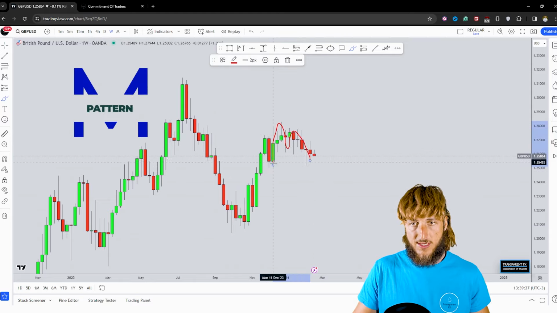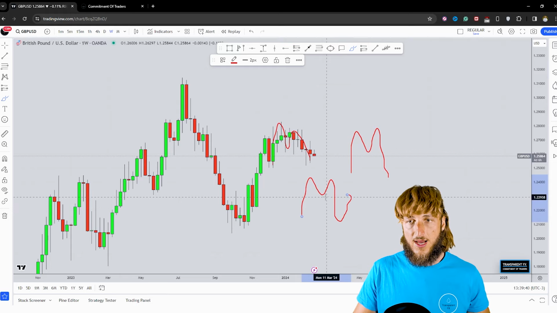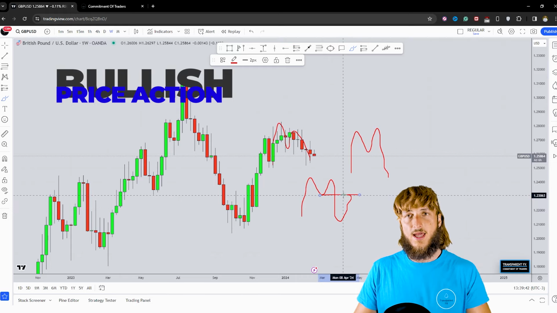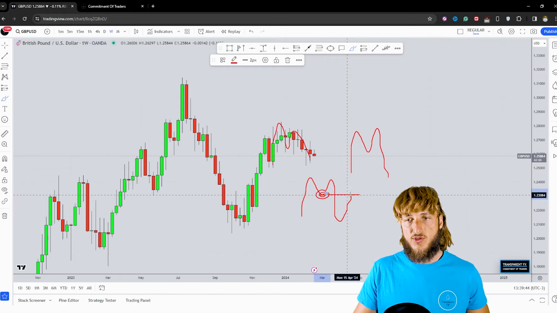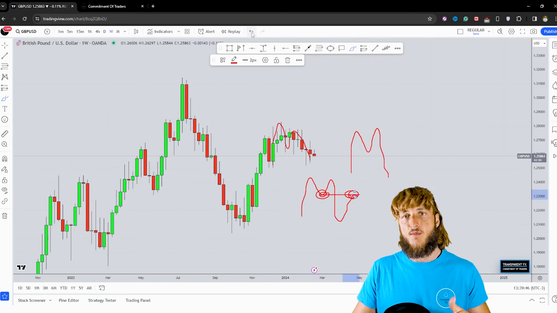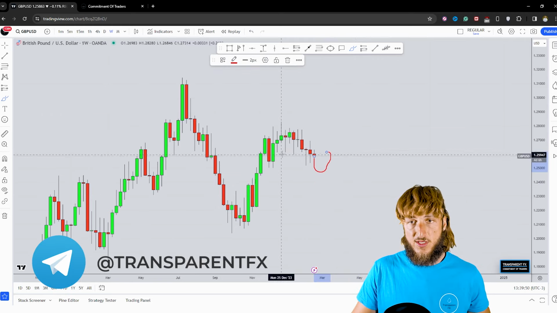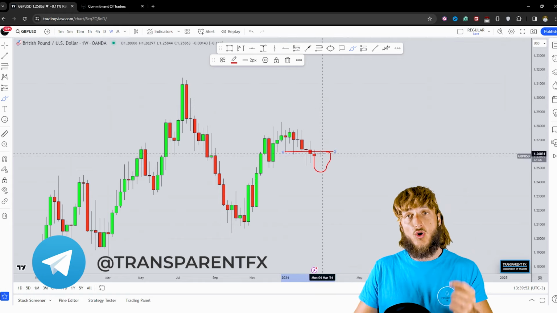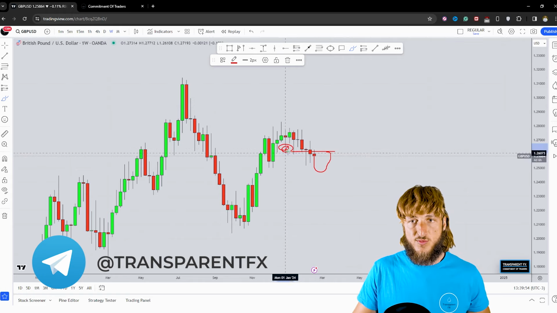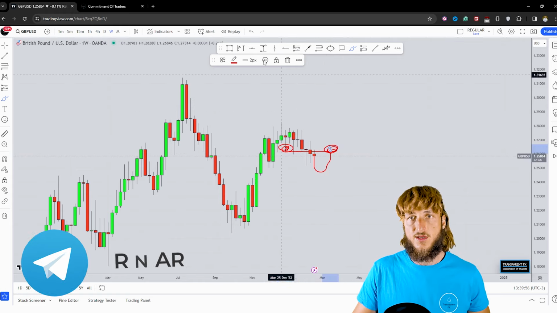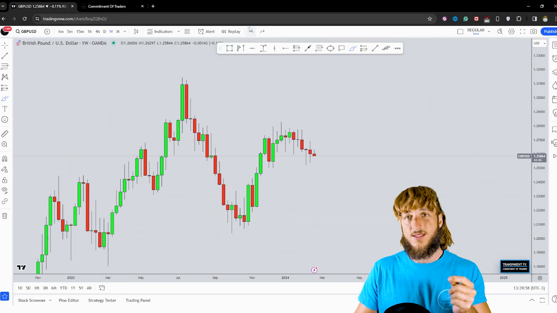Now, generally speaking, after the creation of an M pattern, you would expect the market to create a push higher, completing the M pattern at the neckline, which is the previous support turned resistance from a weekly standpoint. So here on the weekly time frame, there is definitely a possibility to see a potential push higher, completing this pattern at the neckline, so this previous support turned resistance here from a weekly standpoint.